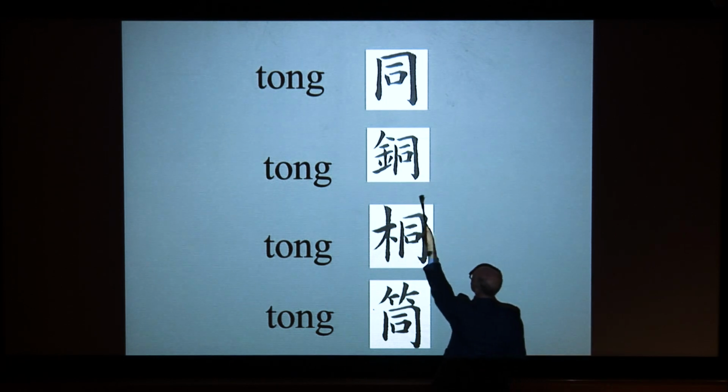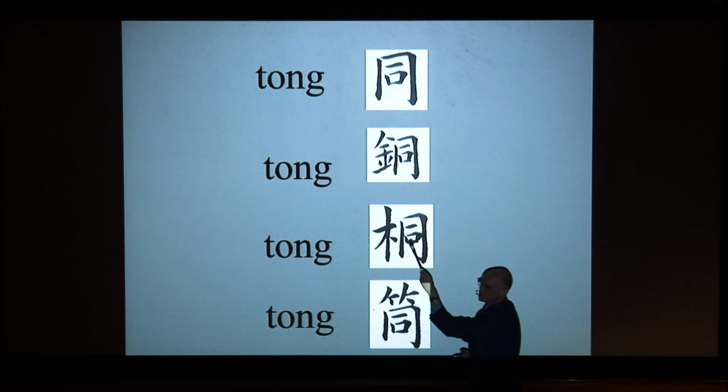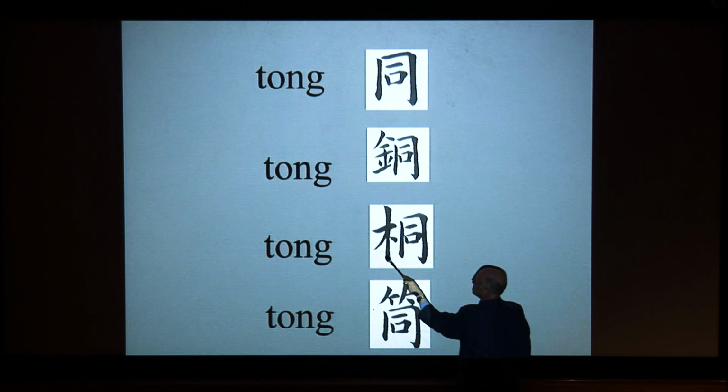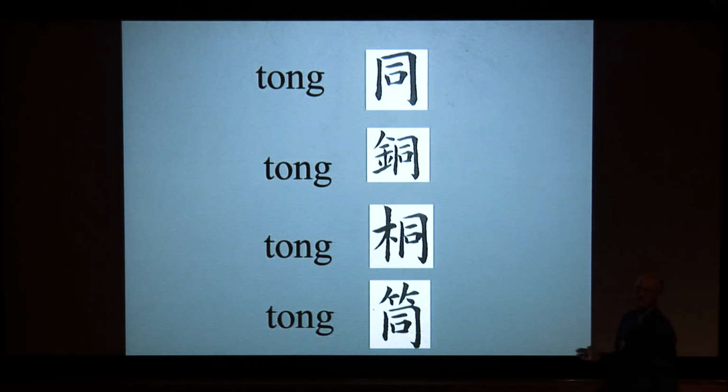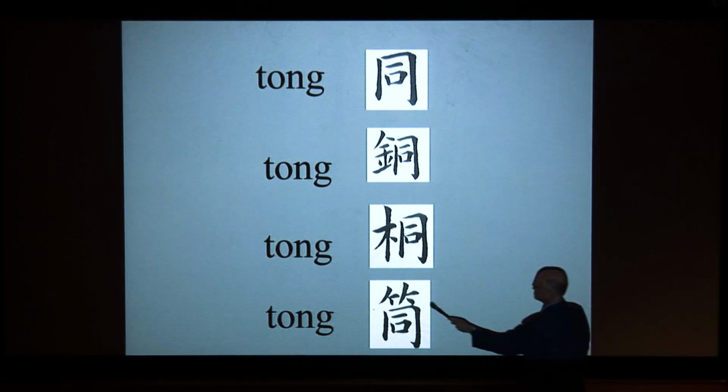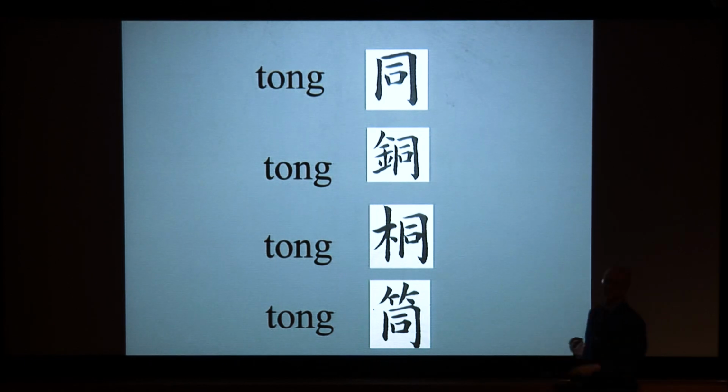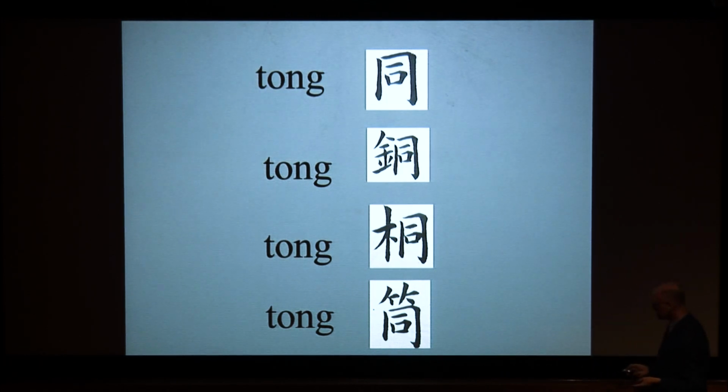It's pronounced tong, has something to do with metal, it must be bronze. It's pronounced tong, has something to do with wood, it must be the linseed tree, and so on. About 80% of Chinese characters work this way. It's a system based on phonetic substitutions with these signifiers that indicate broad categories of meaning, so you don't end up with complete confusion, which you would get if you wrote phonetically.